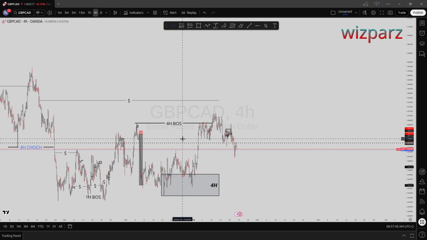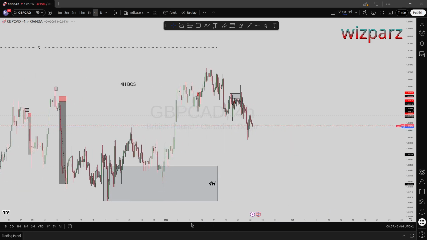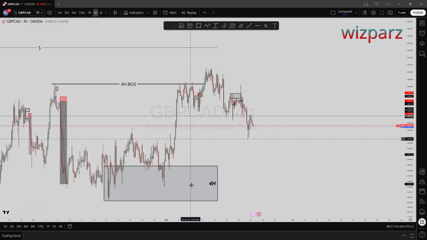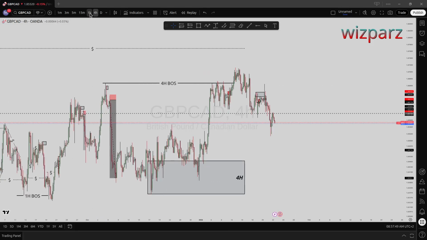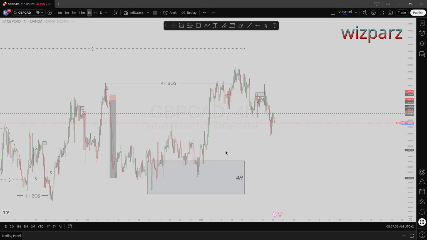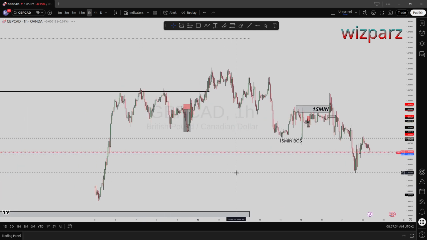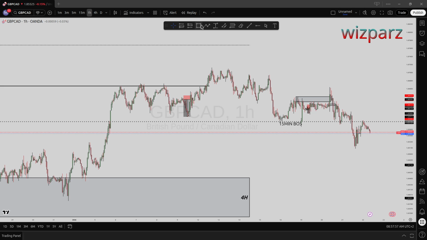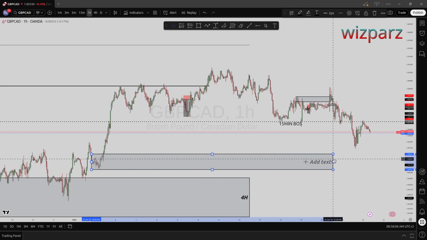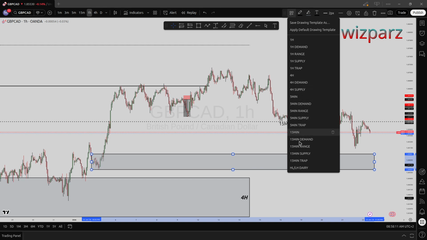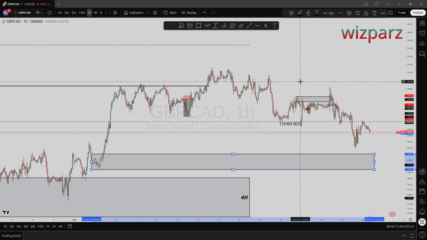guys, the third thing we have to look at is market structure, market direction. On 4-hour time frame, we can see that we are in 4-hour trend to the upside, and currently market is retracing to this demand area, but you can see that it has not yet approached it.